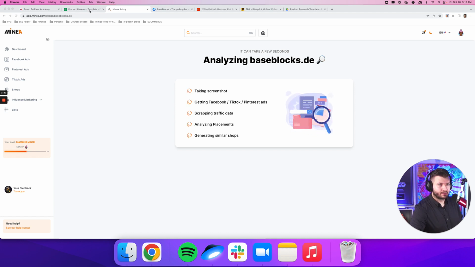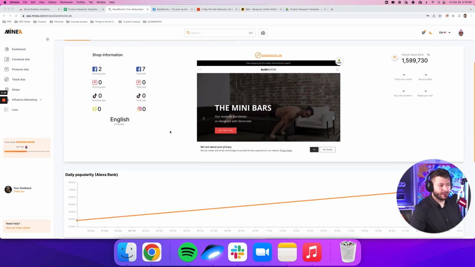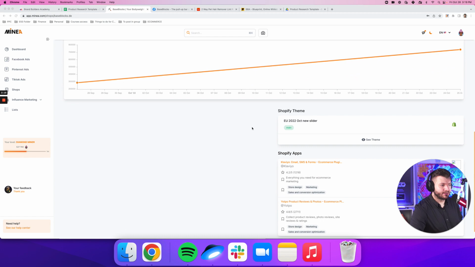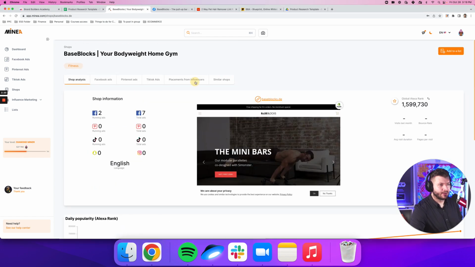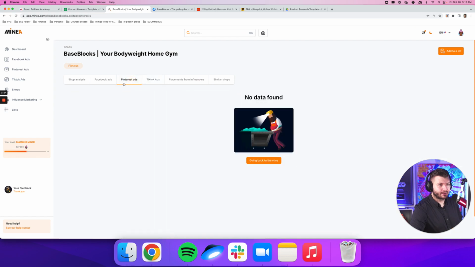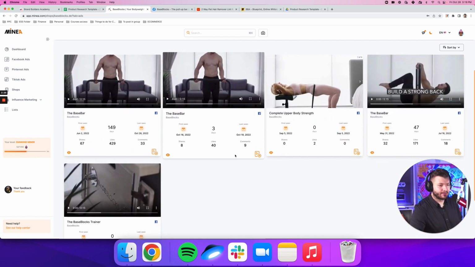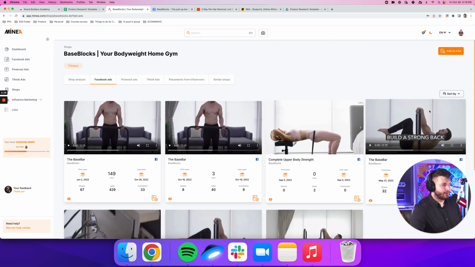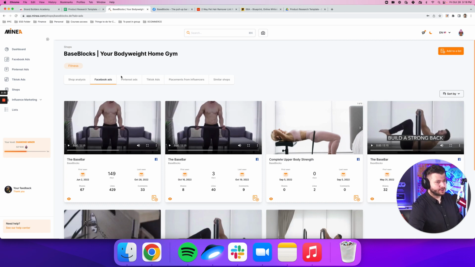Let me just wait until it loads. And so all of the ads, how many ads they're running, how well these ads are doing, whether they're using any recognized influencers, TikTok ads, Pinterest ads, you can see Facebook ads are clearly shown here.